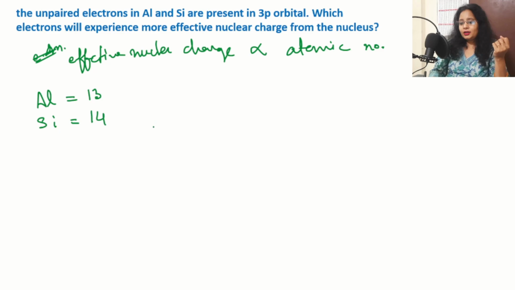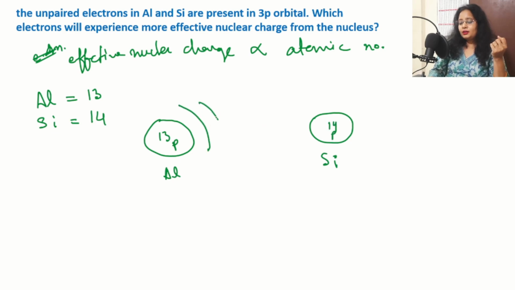If we draw the diagram, suppose this is aluminium nucleus and this is silicon nucleus. It has 13 protons. It has 14 protons, and here in the shells around, electrons are there. Here in the same way. So this is 1n, 2n, this is 3n.